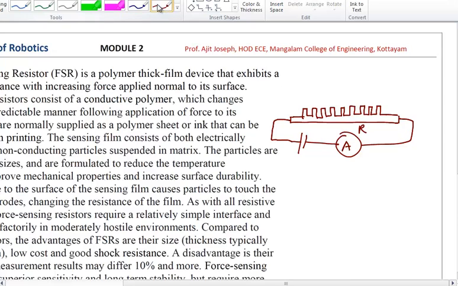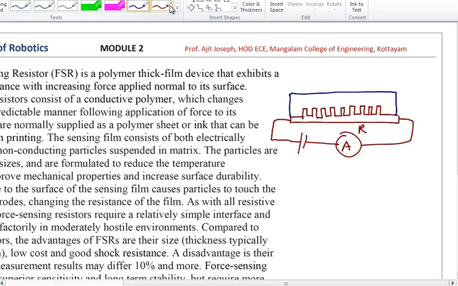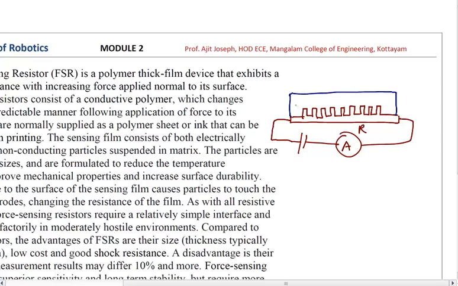Now on top of this, suppose I put a thin layer of some material which has two kinds of particles. One kind is conducting particles, so these are all conducting particles, spread throughout the material.